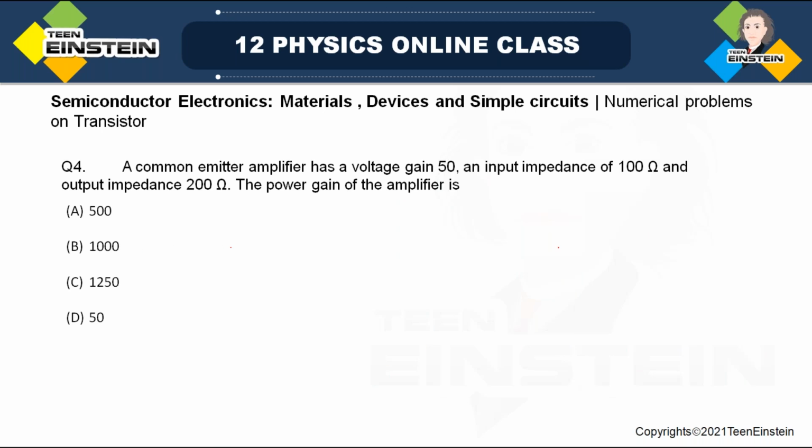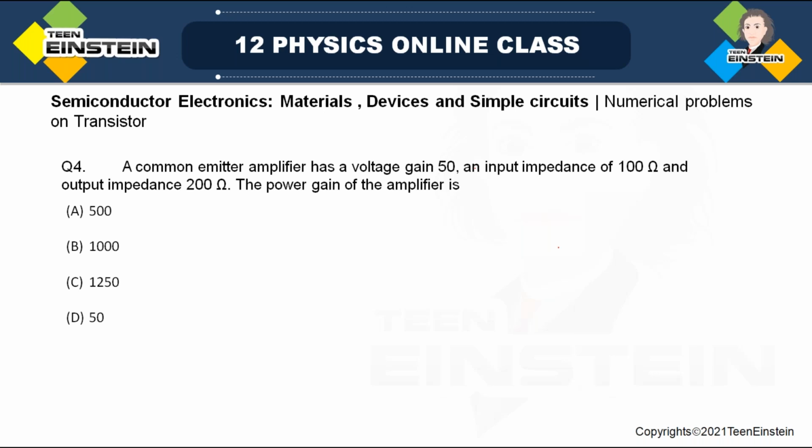This is a common emitter amplifier that has a voltage gain of 50, the input impedance is given as 100 ohm, and the output impedance is given.